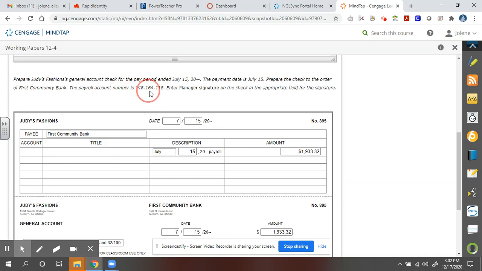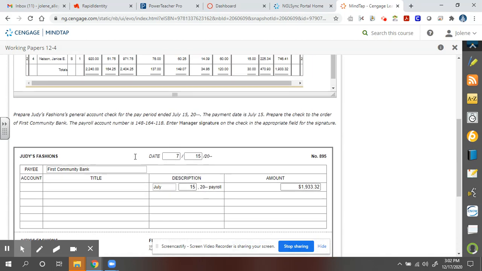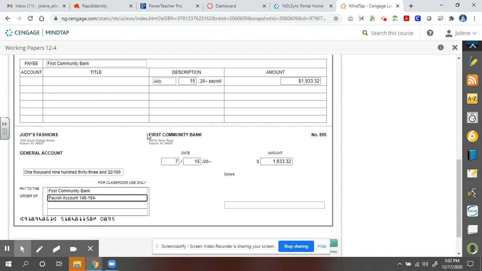Can we copy and paste it? No. 148-164-118.